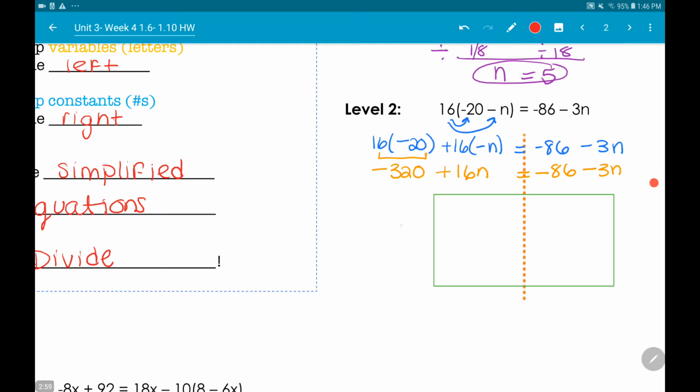Then I'm going to group letters on this side, numbers on this side. So when I group, I have 16n, and then it's going to become a positive 3n. And then for my numbers, I have positive 320 and negative 86.